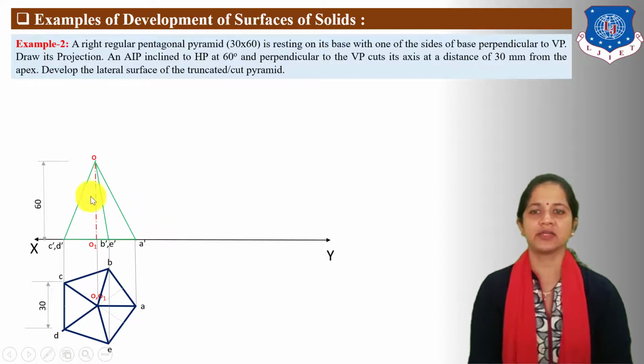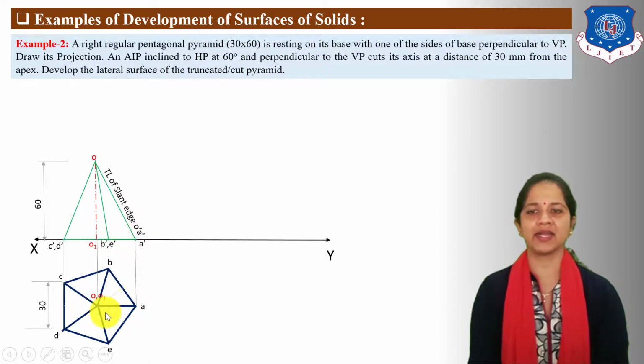Next, draw development of pentagonal pyramid near to front view. Here, OA slanted indicates its true length because in top view, OA slanted is parallel to XY or parallel to HP and VP both.